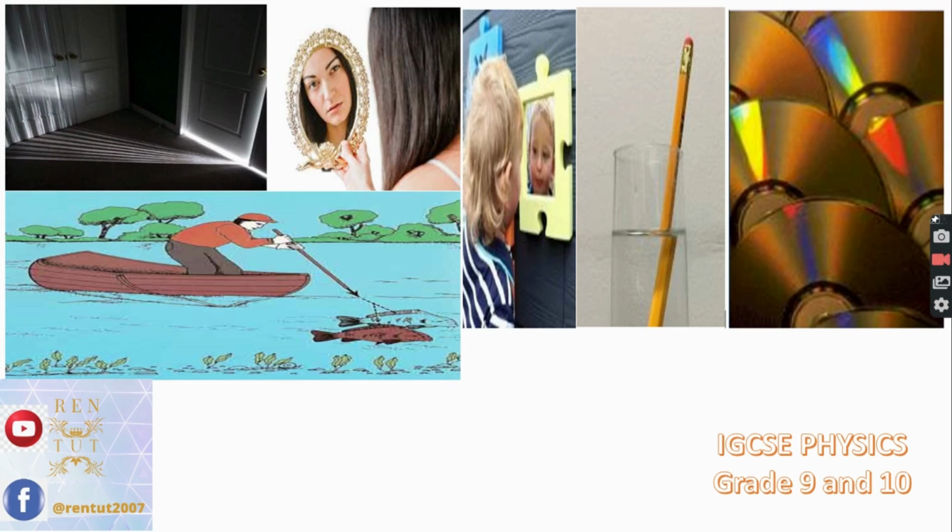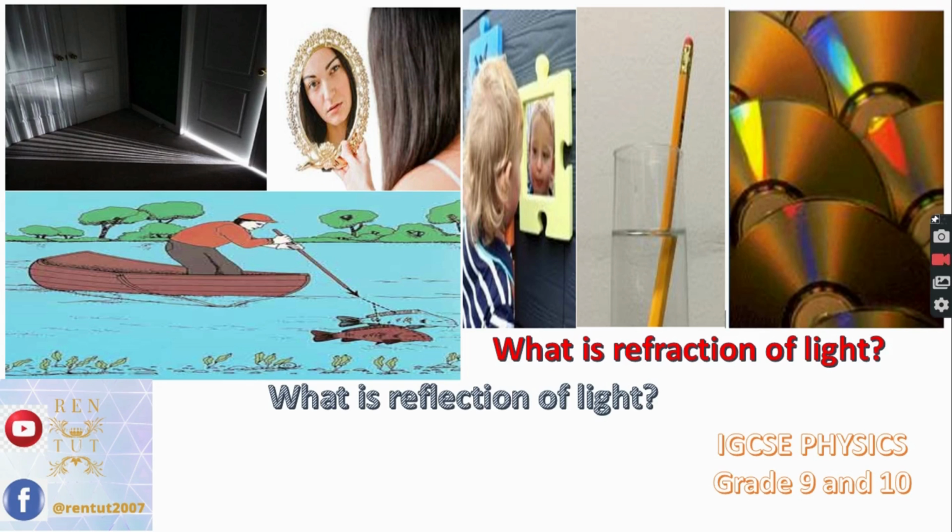You can figure it out in your minds. This is IGCSE Physics for grades 9 and 10, and today we will be primarily discussing what refraction of light is, what reflection of light is, and what diffraction of light is. One more picture you can see in the background is a CD radiating rainbow colors.